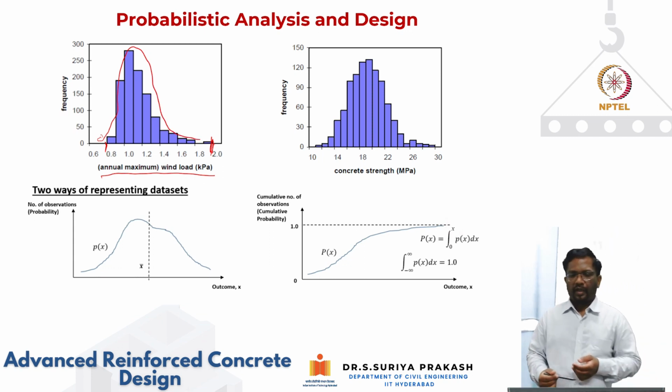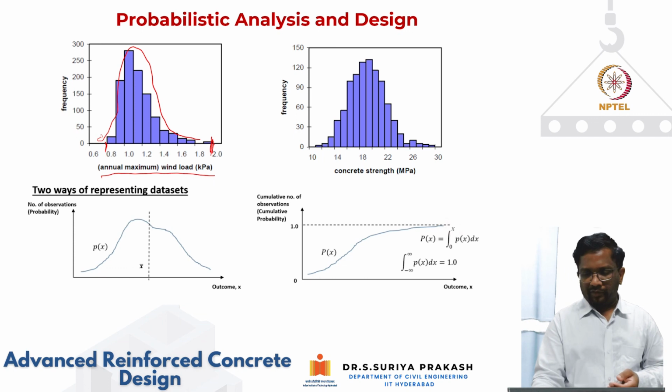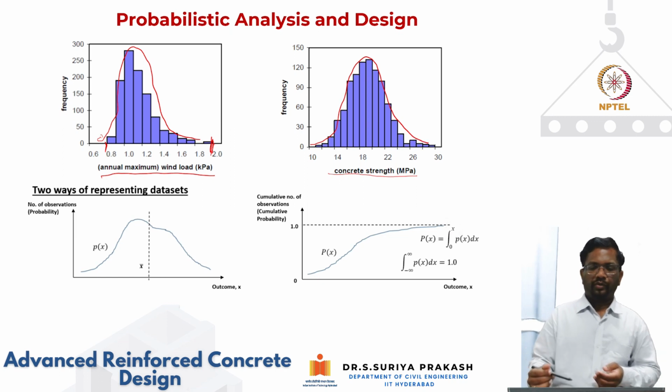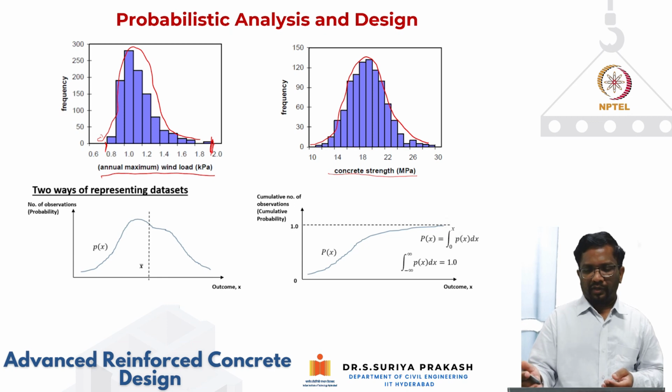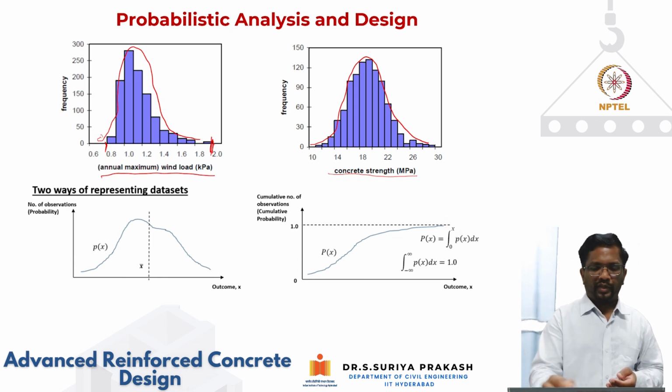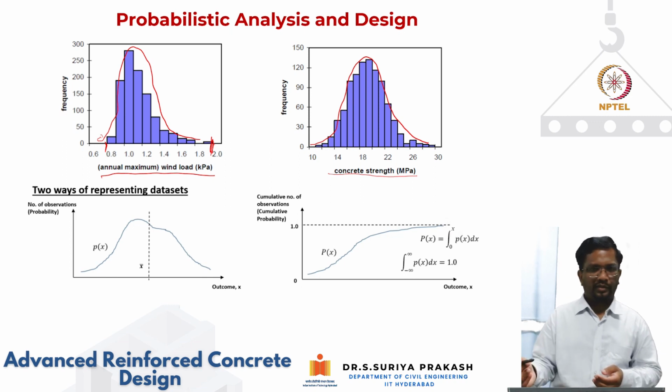Similarly, in the next one, you can see for the same grade of concrete, let's say 20 megapascal, what is the actual strength that is realized in construction? Again, you can see there is a variation, and usually it follows real-time data. Usually it follows a Gaussian or normal distribution like this. So here we are talking about load variation, and here about concrete strength variation.